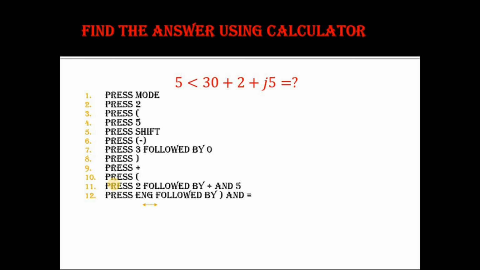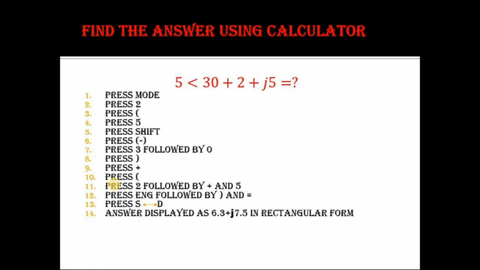Then close the bracket. Now press equal to. Answer is displayed in your screen. Now press S2D, fraction to decimal function, S2D button. So answer is displayed as 6.3 plus 7.5i, which is rectangular form.